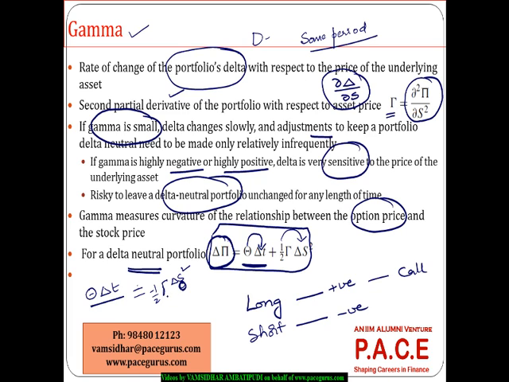Once I have this, I can find out my gamma, which comes out as minus 2 theta delta t by delta s squared. So this comes out directly for the computation of the gamma as well. If I have to make my portfolio delta neutral and even the portfolio's value should not change at all, I can do the balancing through this kind of an exercise.